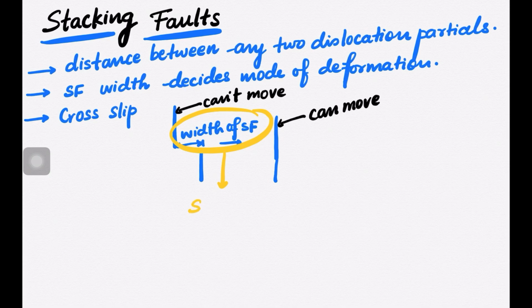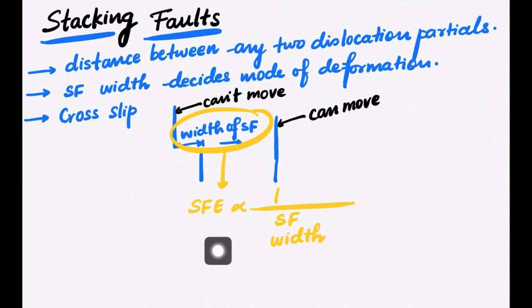Stacking fault energy is inversely proportional to stacking fault width. So if the stacking fault width is less, then cross slip will be easier, the merging of two partial dislocations will be easier, and the deformation will be more.